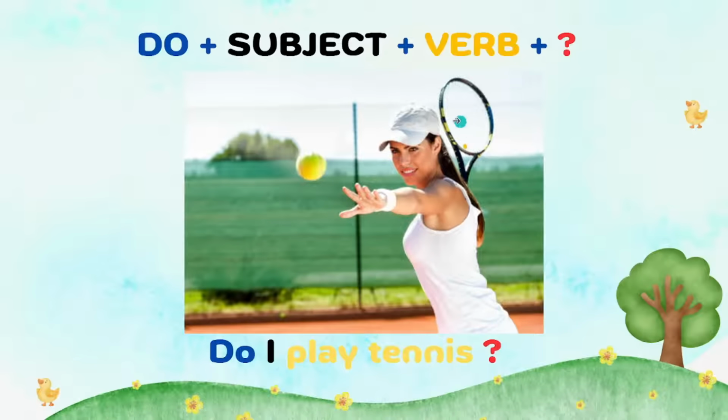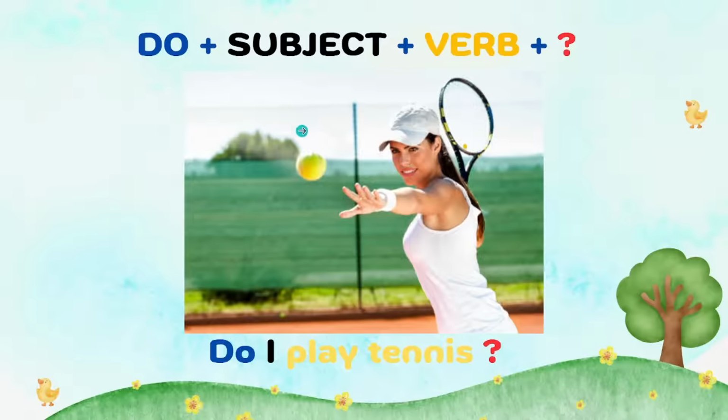Like this, for example, this lady is playing tennis. As you can see in the picture, she is playing tennis. So, how are we going to make an interrogative form by merely looking at the picture?